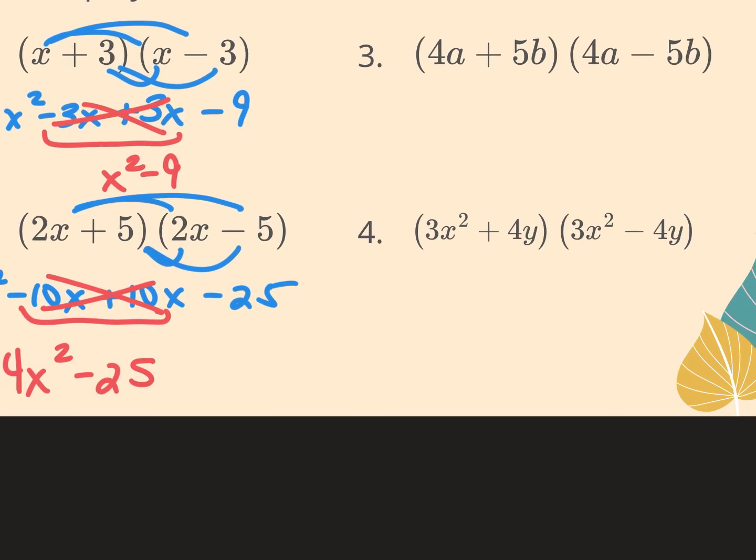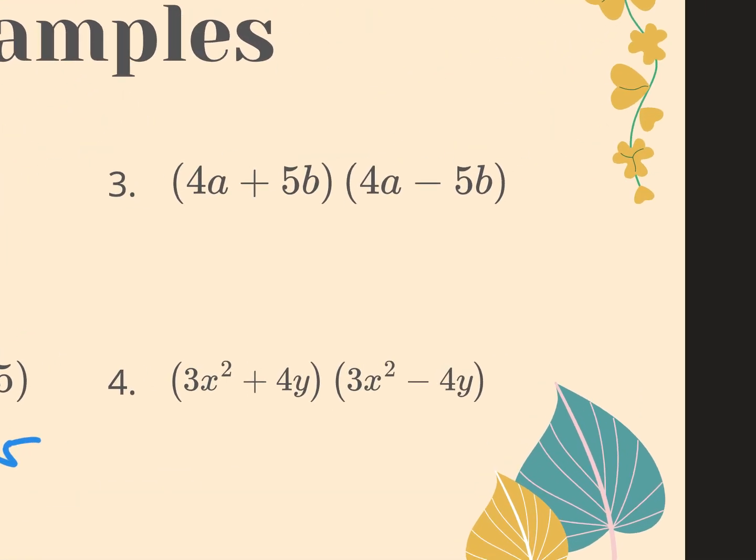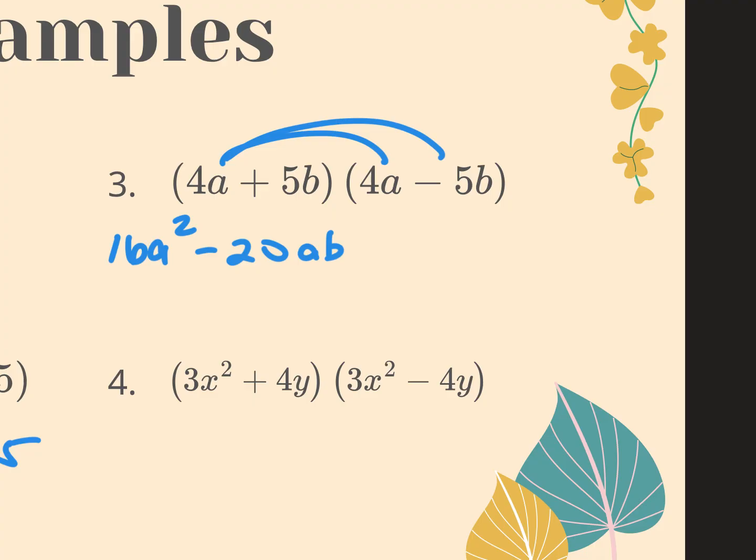All right, same thing happens here. You just have an extra letter. The front one has an a, the back one has a b. Who cares? Go ahead and FOIL. What's 4a times 4a? 16a squared. What's 4a times negative 5b? You have negative 20ab. Then 5b times 4a, you just stick them together, right? Positive 20ab.